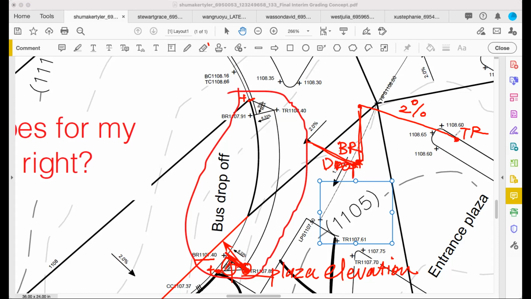And that's a TR. So essentially, you need to calculate the TR based on the plaza, but then your ramp is actually like this.